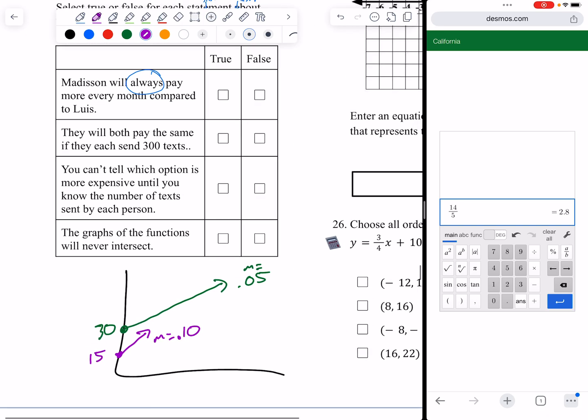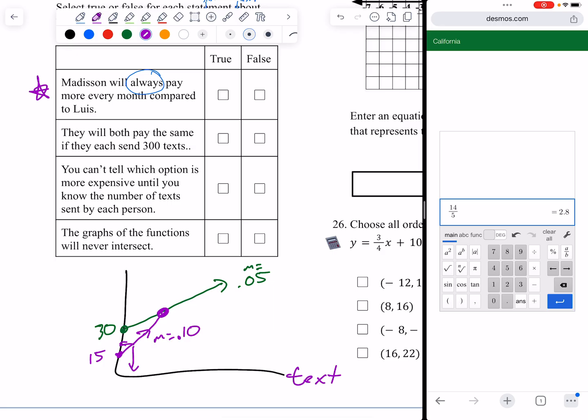So now let's look at the first question. All right. Madison will always pay more. No, because remember, it's mx, or this is text. At some point, they will cross, right? They will meet the same. But before then, Madison, right here, is paying less money.